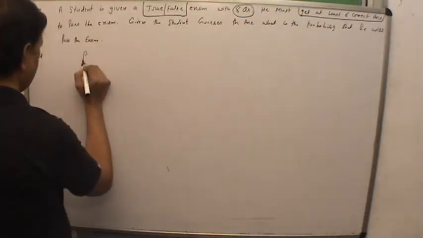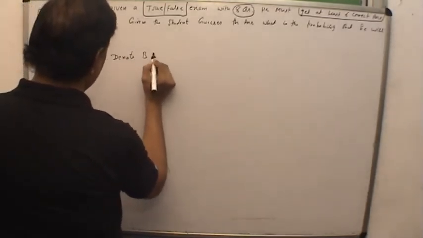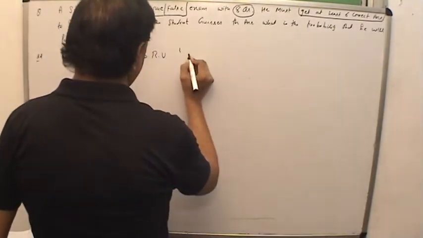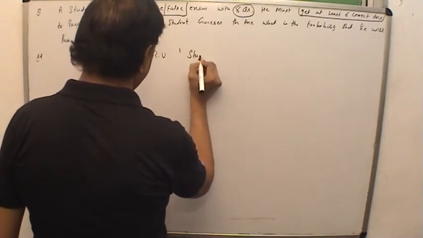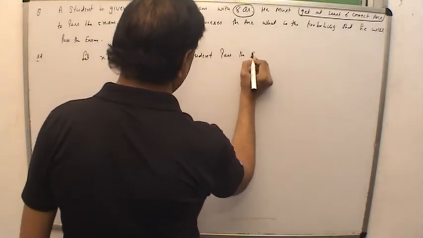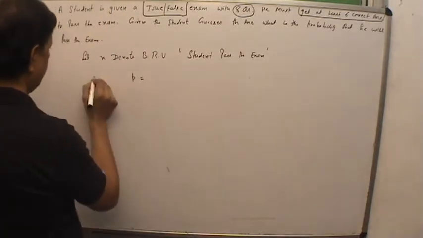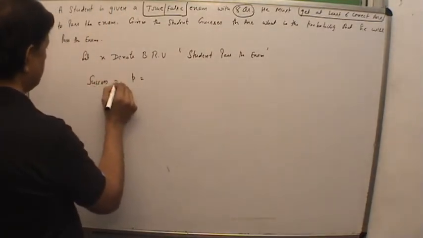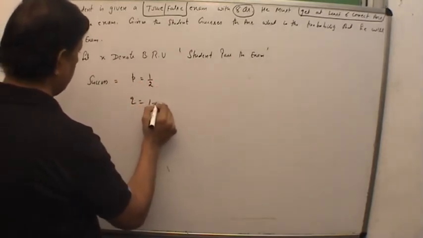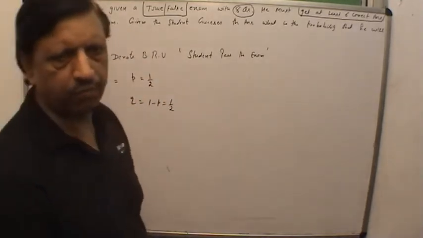Let us say, let X denote the binomial random variable, that is, the student passes the exam. The probability of success P is equal to 1 by 2 and Q is equal to 1 minus P, that is again equal to 1 by 2, because there are only 2 options, true or false.